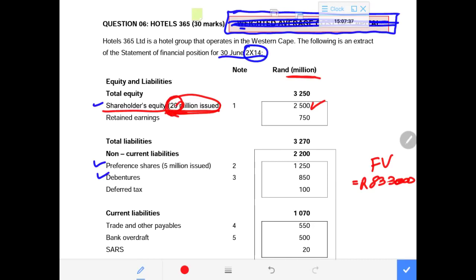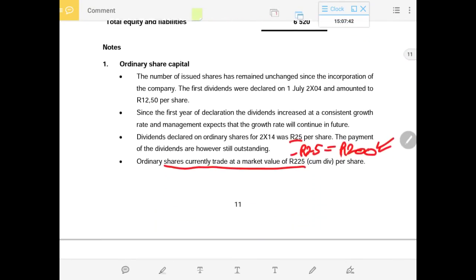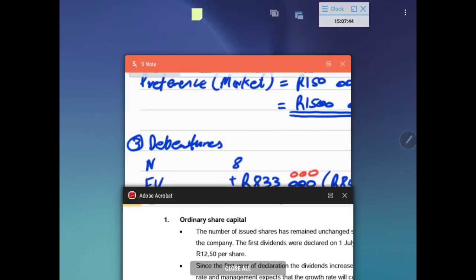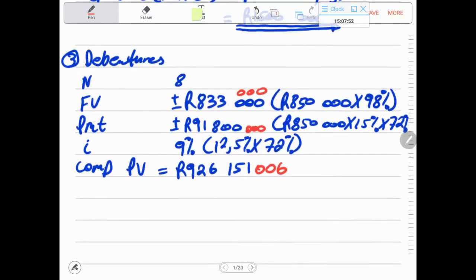So I have to be consistent and take the millions with all the figures so that I'm consistent with my calculations. So now this will be my PV, or my present value for the debentures, which is the third financial instrument.